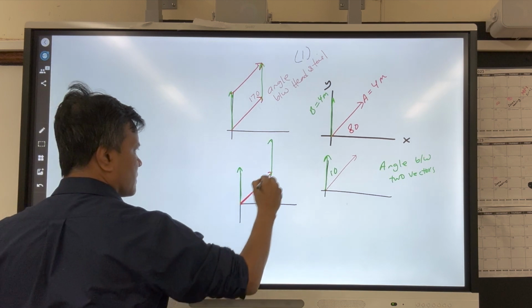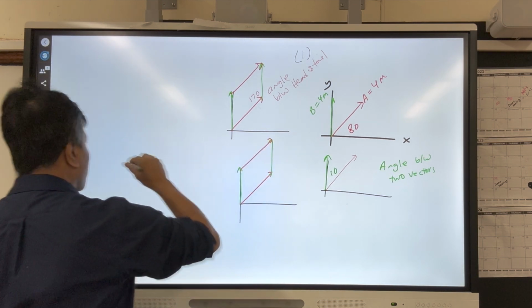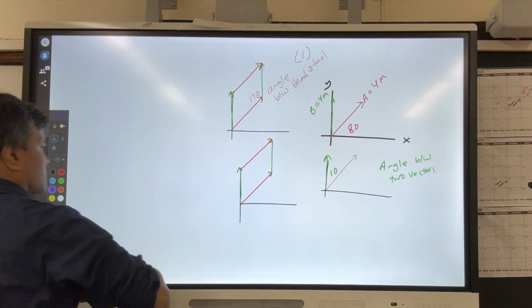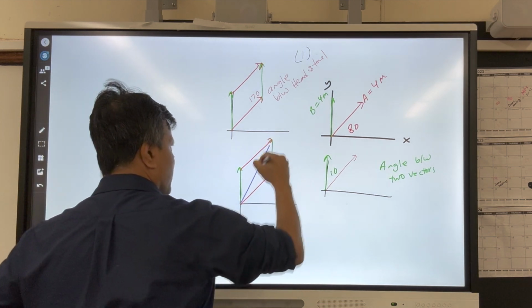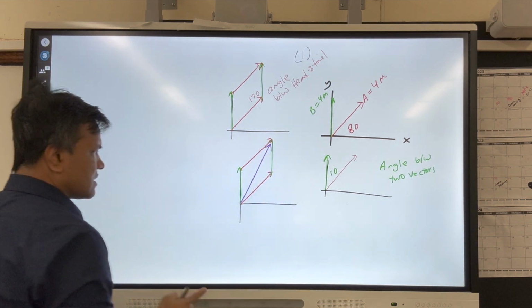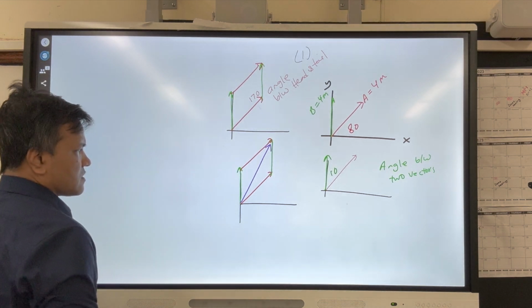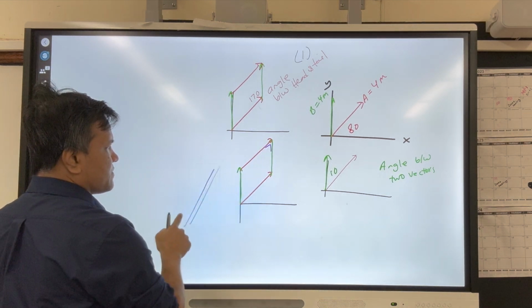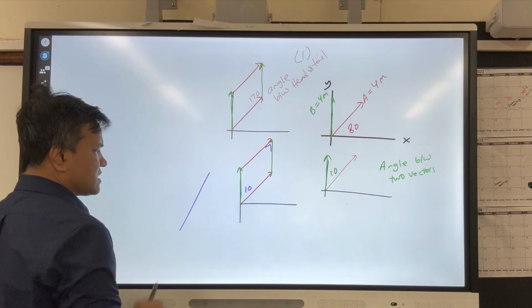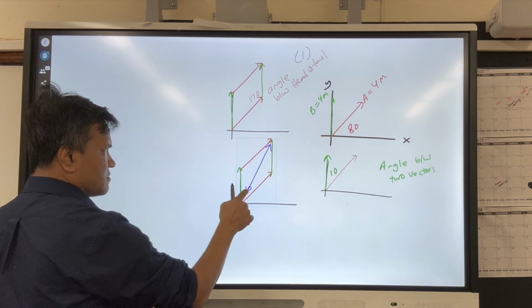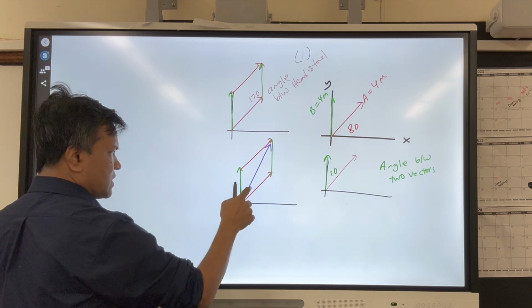Okay, I'm going to draw a resultant. This is my resultant. And the resultant angle is, if this is 10, right, the parallelogram bisects, so this must be 5.